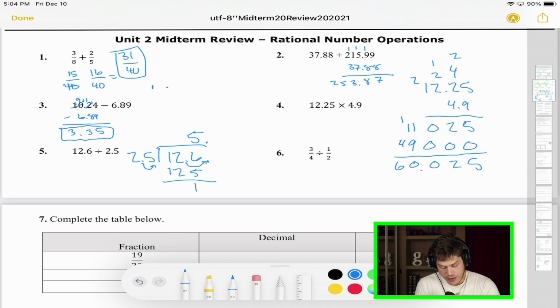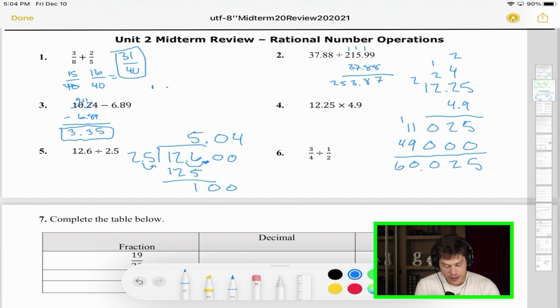Put your decimal. Or you have remainder 1, or, okay, we'll just add a 0, bring it down. 25 goes into 10, 0 times. Add another 0, bring it down. 25 goes into 100, 4 times.